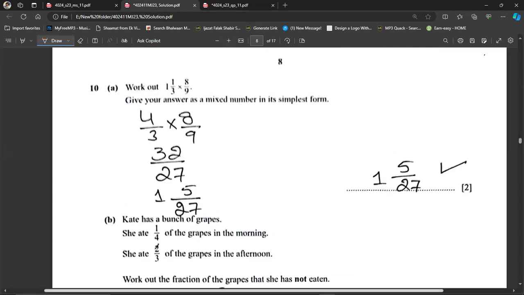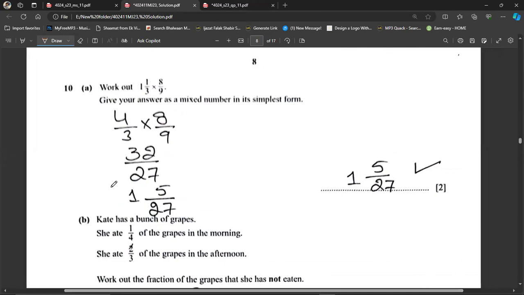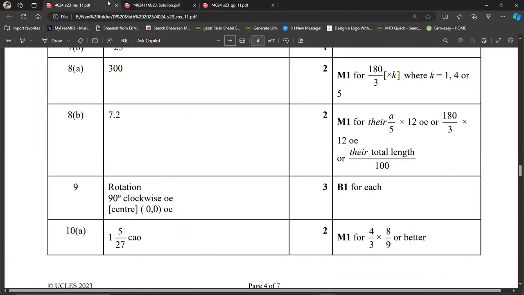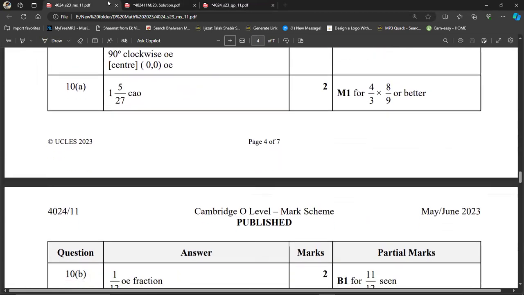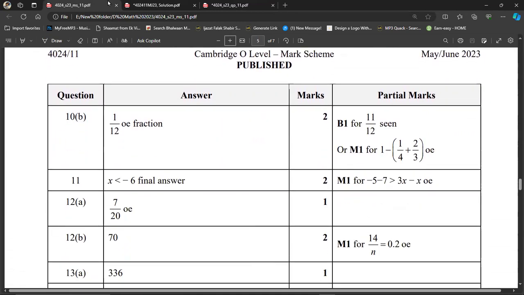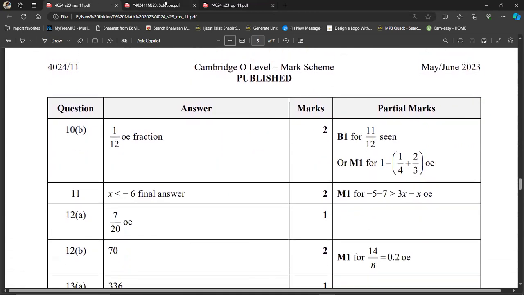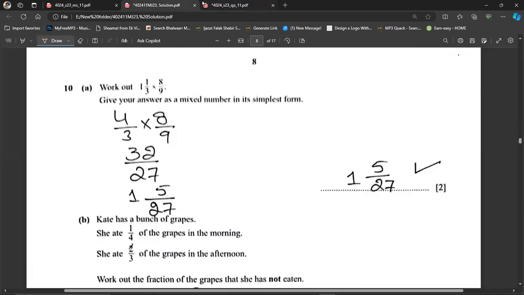So basically it's 4 by 3 multiply 8 by 9. So that's 32 by 27. When you divide 32 by 27, that will be 1 whole 5 by 27. So 1 whole 5 by 27 is the right answer, as you can see. Okay. This is the solution.